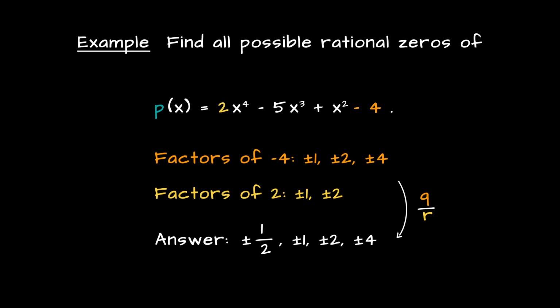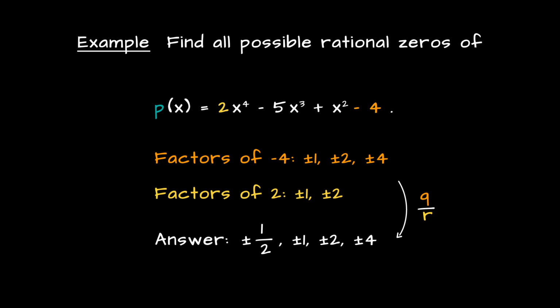And so all we need to do is consider all possible numbers that can be arrived at by taking a ratio q over r, where q is a factor of -4 and where r is a factor of 2. And those numbers happen to be plus or minus 1/2, plus or minus 1, plus or minus 2, and plus or minus 4. Just consider all possible combinations.